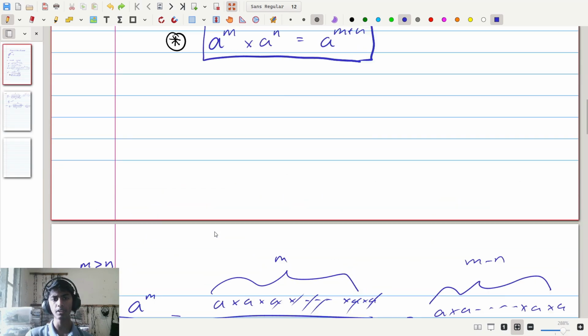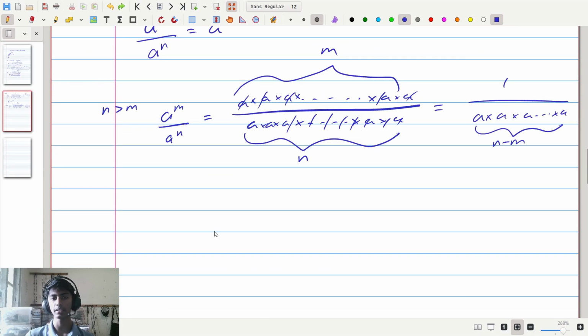So we are going to say that 1 divided by a is a to the negative 1, meaning that negative indexes are just 1 divided by the positive corresponding index. Which then means that what we have here is a to the negative n minus m, i.e. what we have here is still a to the m minus n.